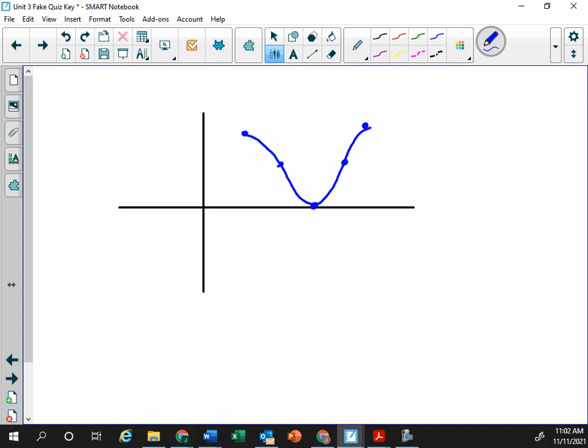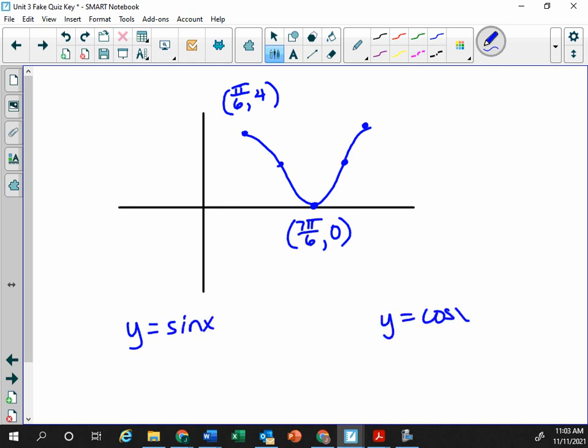All right, guys, so I will give you the graph. I'll label a couple of points for you. I want you to write a sine equation, and I want you to write a cosine equation for this. Both.